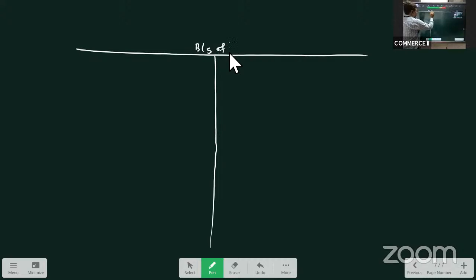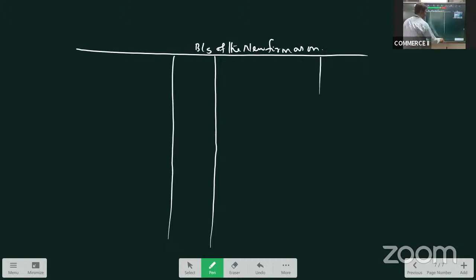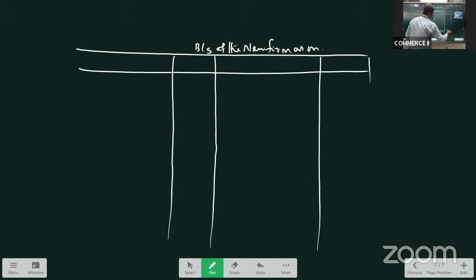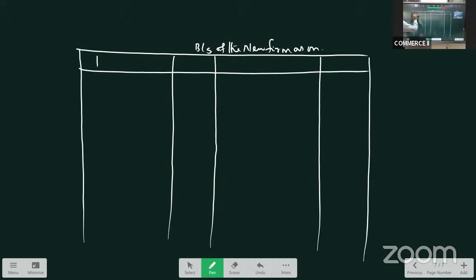Balance sheet of the new firm as on 31st March 2020. What is the first item? Goodwill.